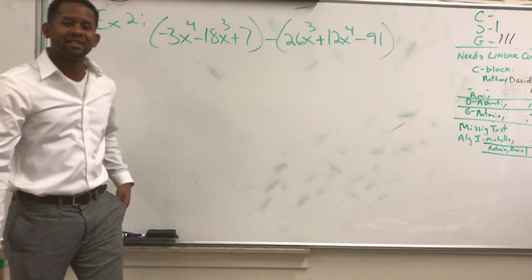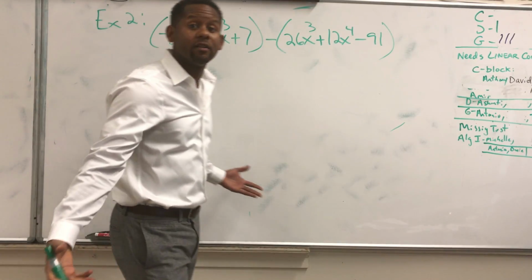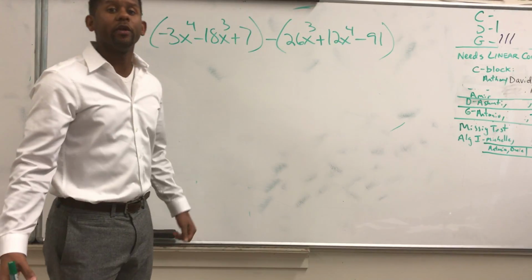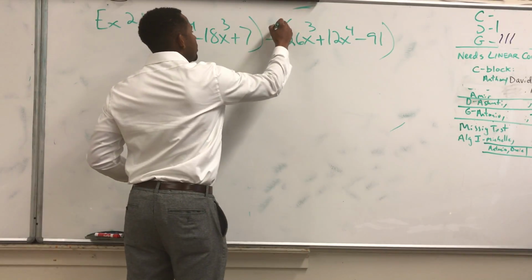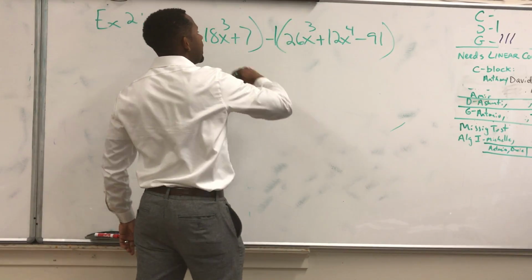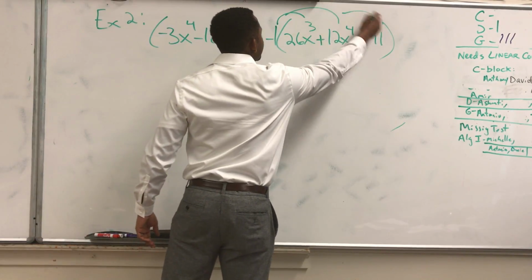Okay? Again, we see it as a subtraction problem. We don't like that. We like addition. We've got to distribute that super negative. So I'm going to put in my -1 and distribute it through.